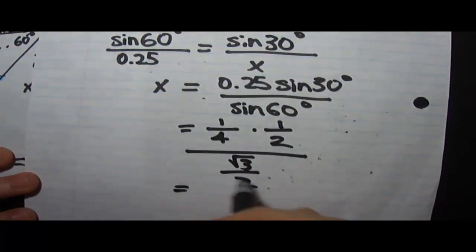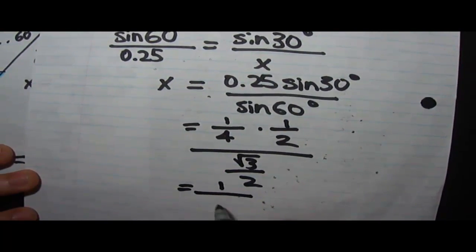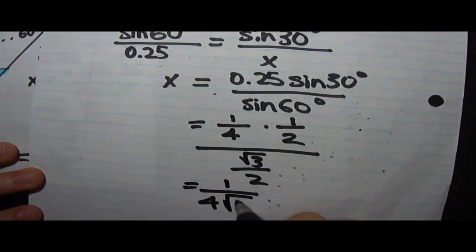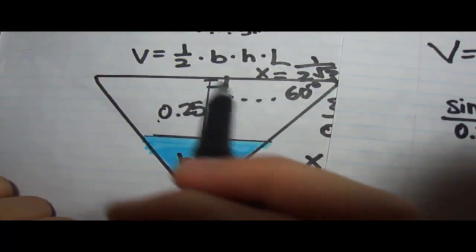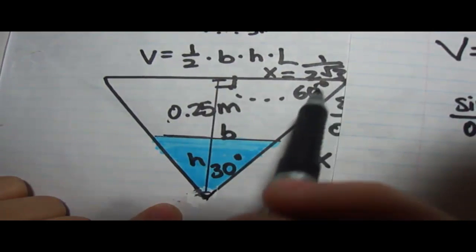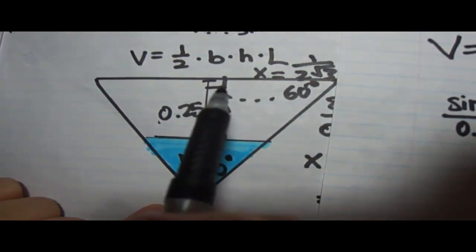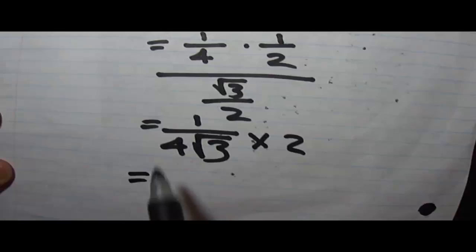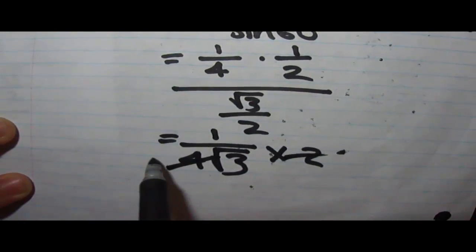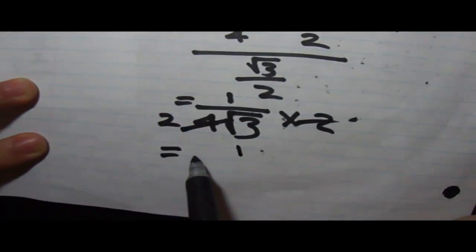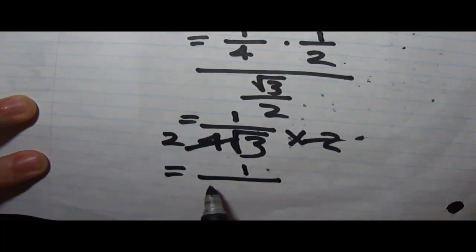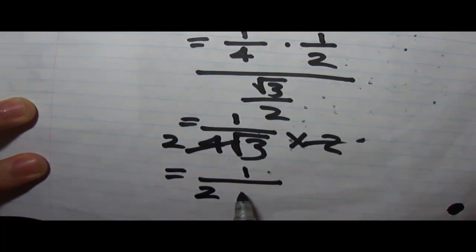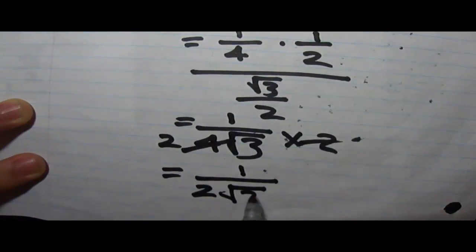And if you simplify all that, it becomes 1/4 times √3. So the x, half of the length of the triangle, is 1/4 √3. So we need the whole length, so we multiply this by 2. And the 2's and 4's cancel out. So the whole length, sorry, the base of the triangle is 1/2 √3.